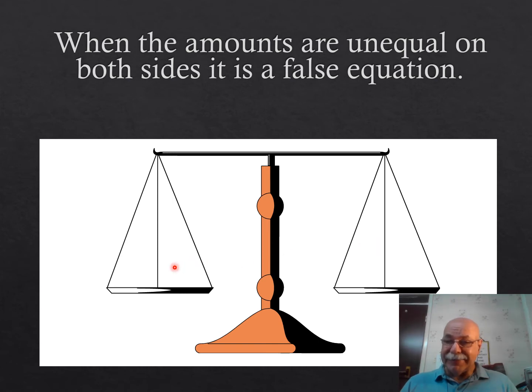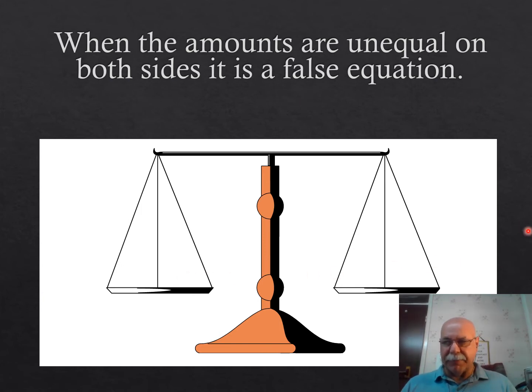When this side is not equal to this side, this type of equation is false. First type, true equation. Second type, false equation.